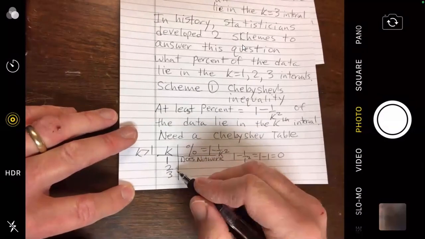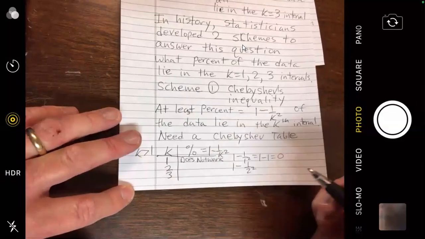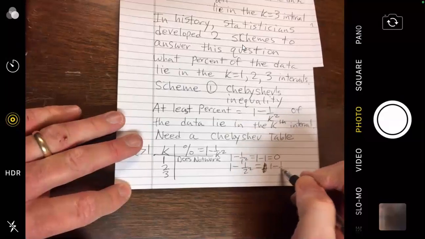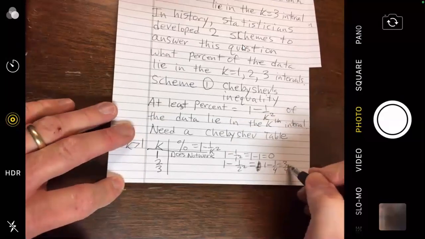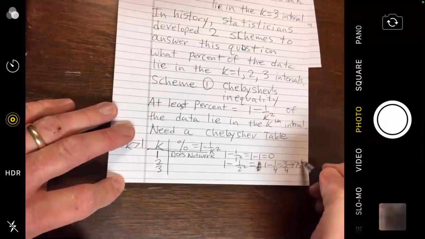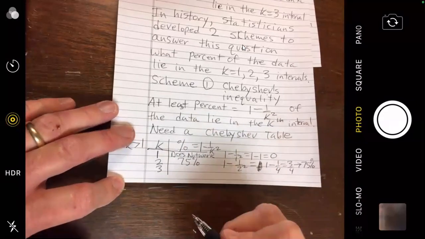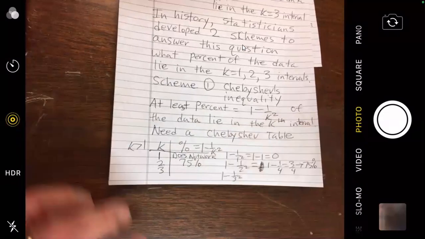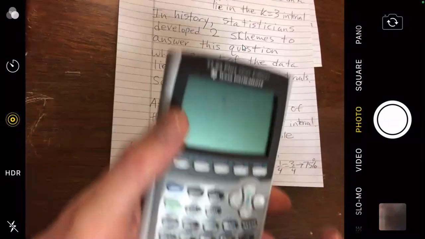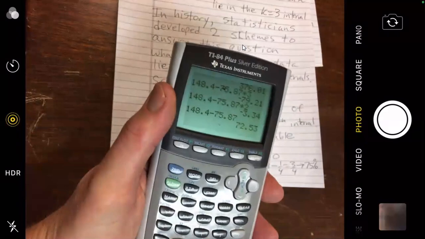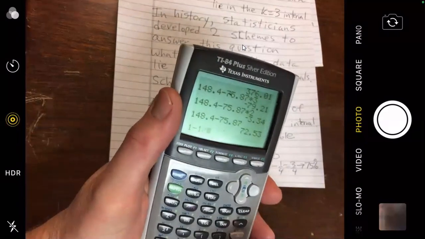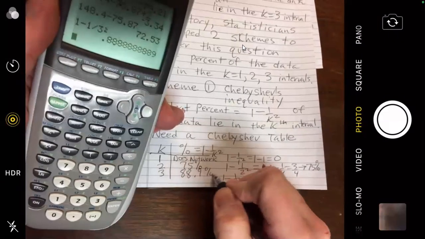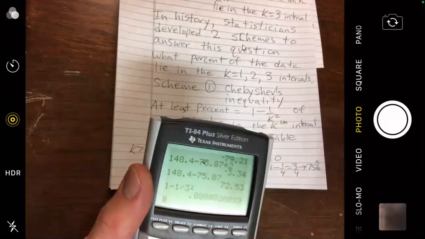You can do 2 in your head: 1 minus 1/4 is 3/4, which is 75%. You can do k equal 3 with a calculator: 1 minus 1 over 3 squared is 0.889, 88.9%.